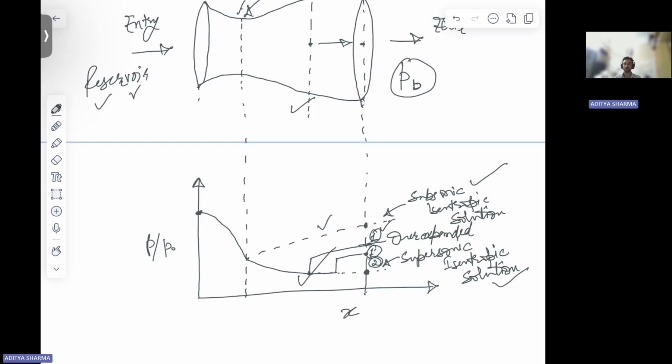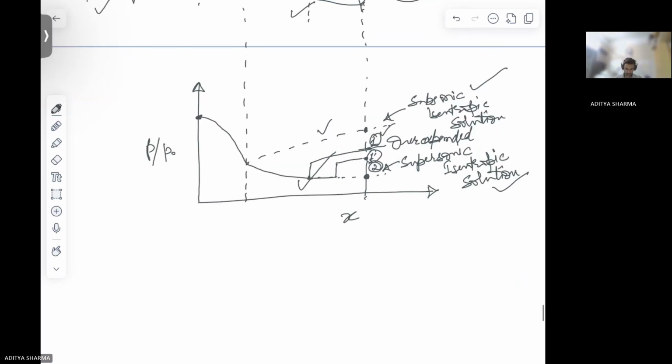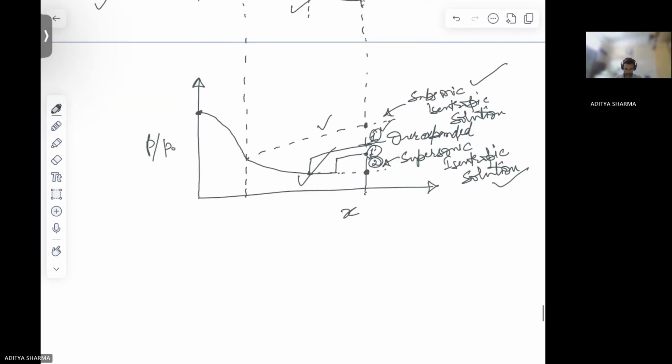Okay, there is still scope that this flow can further be expanded. So that is basically there. Okay, this is your nozzle flow.